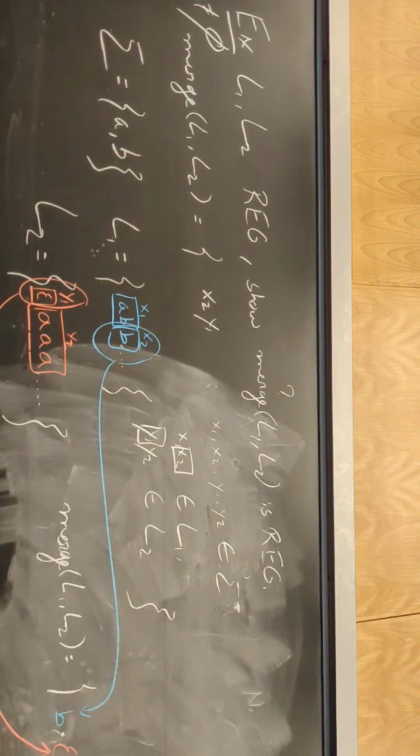So the string is special in that when M1 reads it, maybe it has a transition A here, and a transition B here, and then another transition B here. This necessarily has to be an accept state, right? That's important, because if you knew nothing about what this had to be, then it would be very difficult to do any kind of proof. Okay?